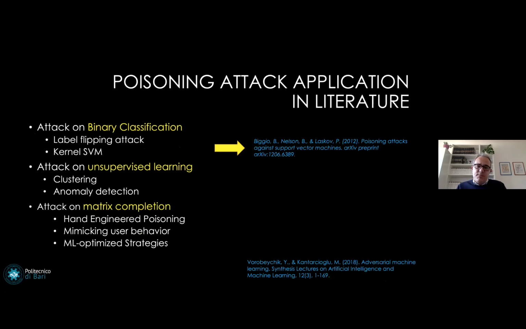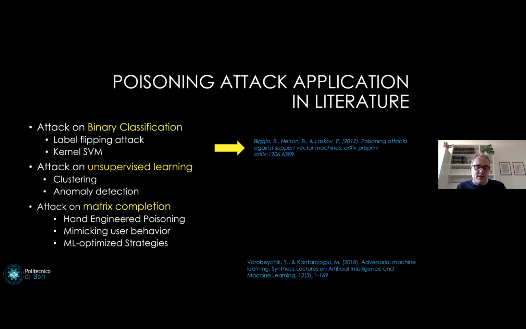So this is basically the literature on poisoning attacks, and it is very interesting that the very first paper was published in 2012 by Battista Biggio, and this paper mainly relates to support vector machines.